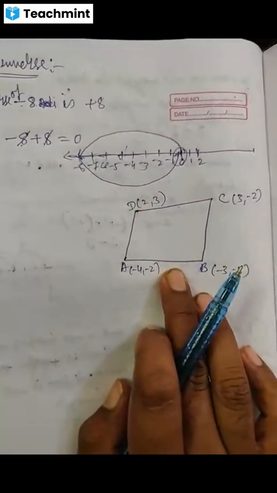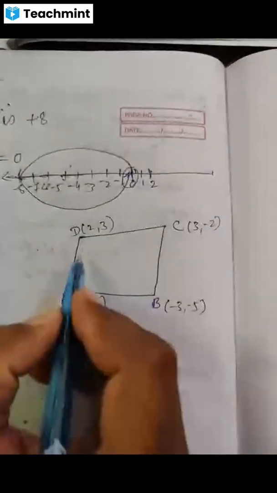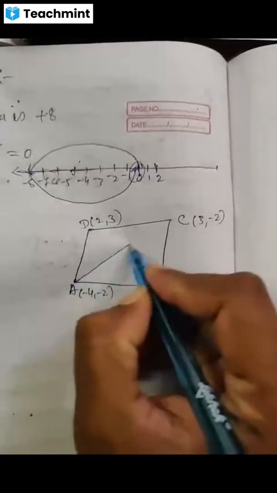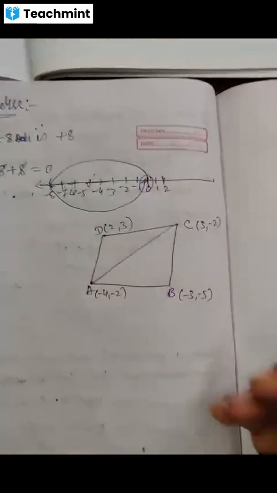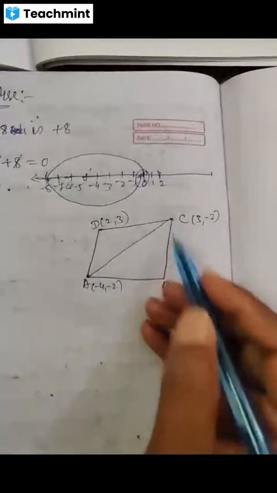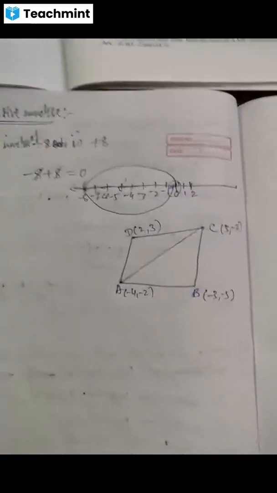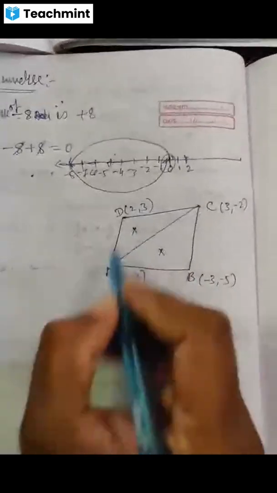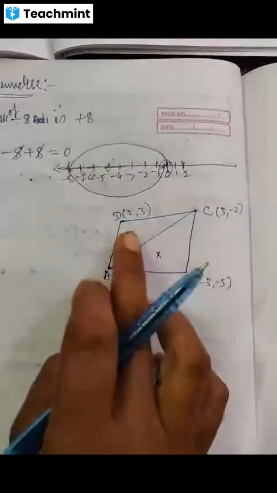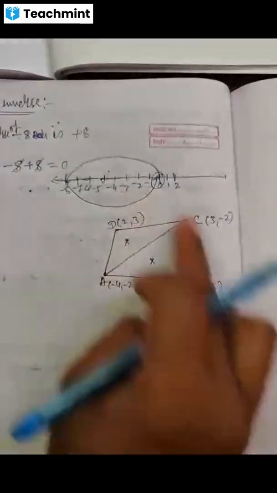By drawing diagonals, sir. Very good, Kalpana. By drawing any one diagonal, not two, we can find the area of triangle ABC and the area of triangle ADC, and add both the areas. You will get the area of ABCD.